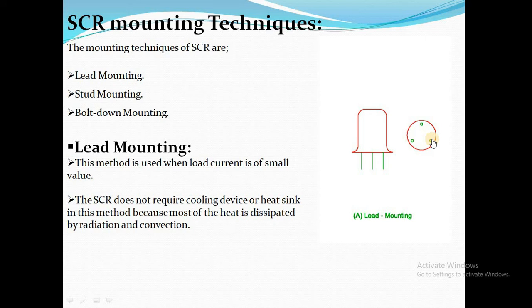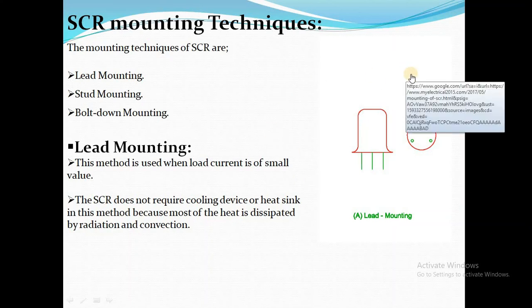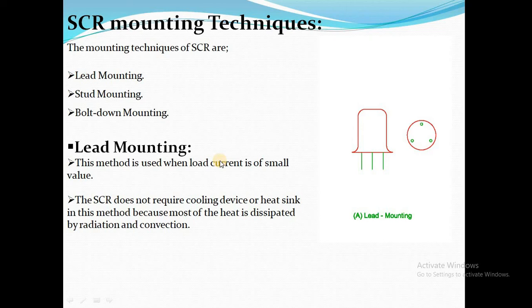The anode, cathode and gate terminals of the SCR are fixed on the PCB and soldered from the back side, so it gets fixed on the PCB. This type of mounting technique is used for small current applications, whenever the current rating is very low.